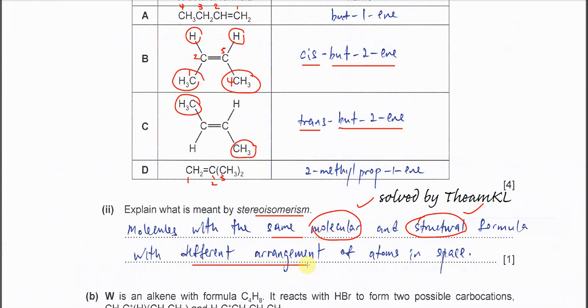So with different arrangement of atoms in space. Space means how they are oriented, whether it's the same side or different side. So this will make the difference, meaning this will give the cis or trans isomer. And this can also be used for optical isomerism.